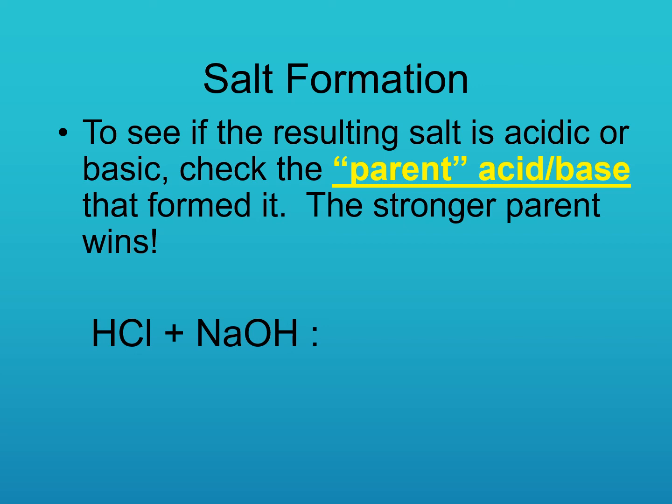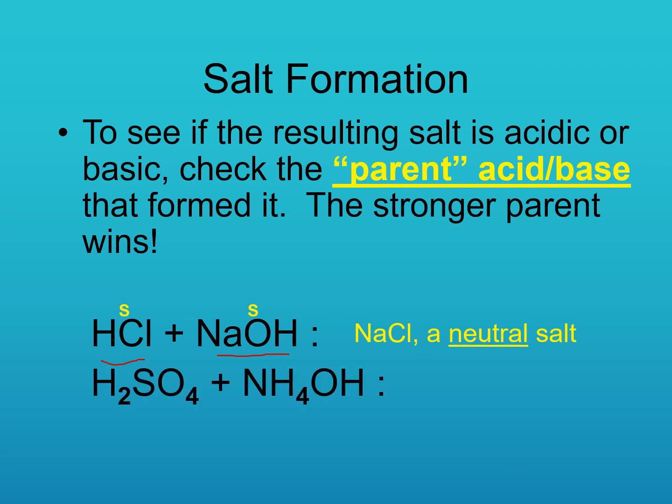So let's look at our equation here. We've got hydrochloric acid, our HCl, plus sodium hydroxide. So we need to look at our chart and see, are these weak or strong acids? Well, hydrochloric acid is a strong acid and sodium hydroxide is a strong base. So therefore, our salt is neutral. They kind of cancel each other out. Neither one of them is stronger than the other.